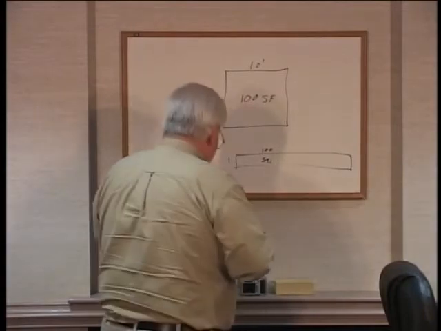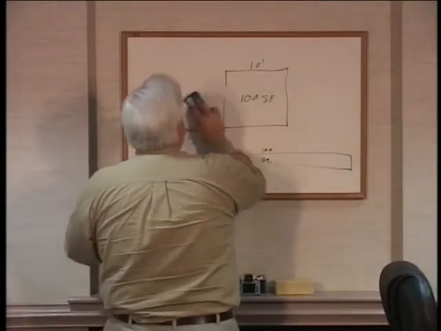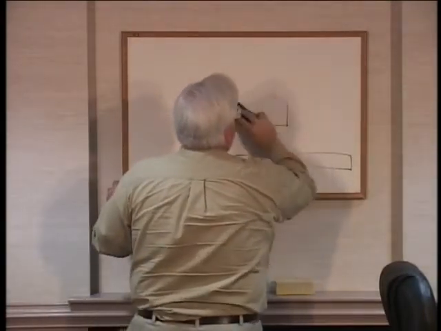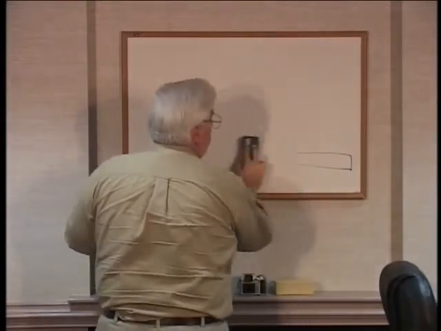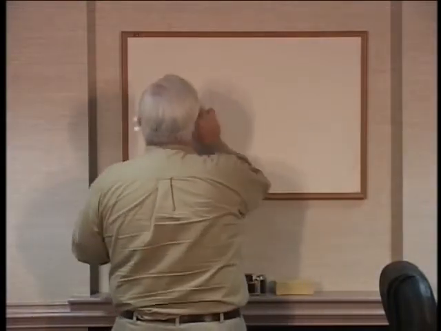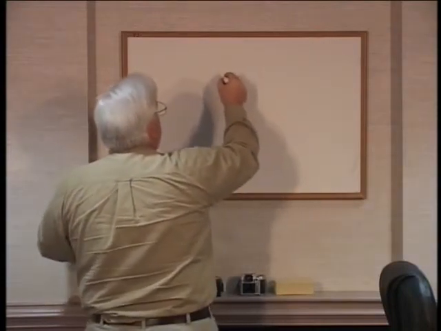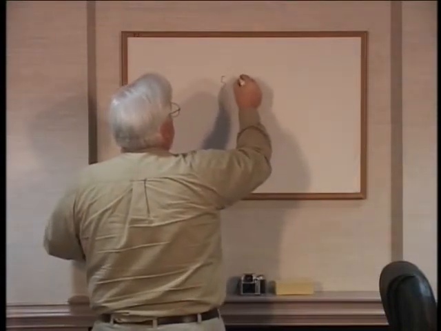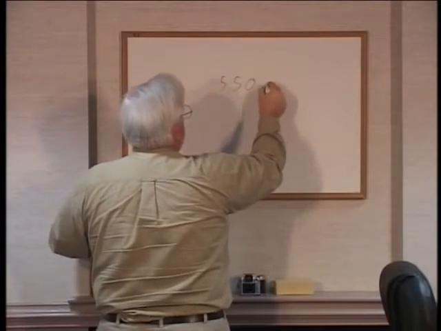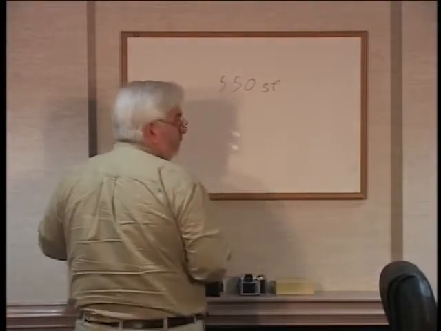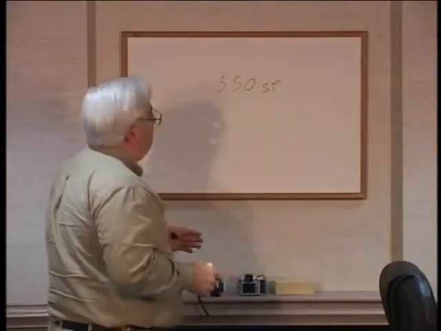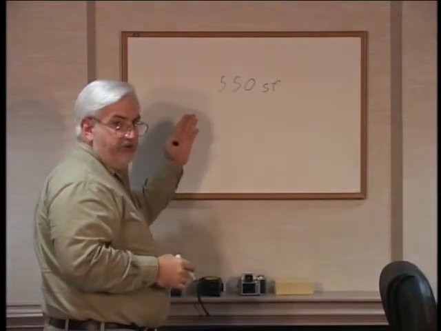So if I have measured out, and we're going to be talking about measurements in a minute, let's say I have 550 square feet in a slope. Now how do I find out how many squares I have?